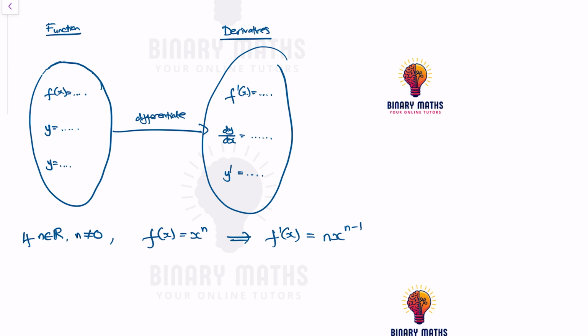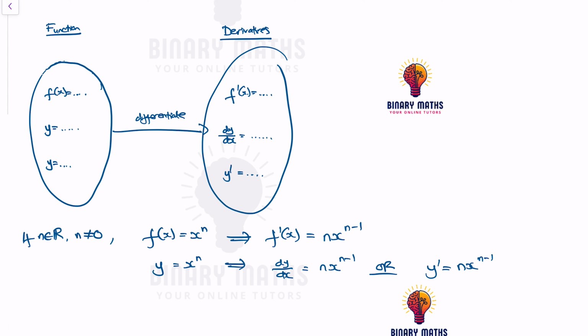So what happens is the index drops to be the coefficient and the power decreases by 1. In a similar way, if y is equal to x to the power of n, then dy dx is equal to nx to the power of n minus 1. Or you can write y dash is equal to nx to the power of n minus 1.